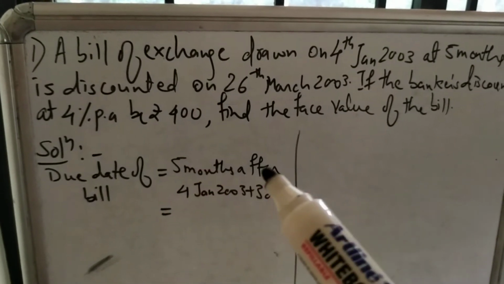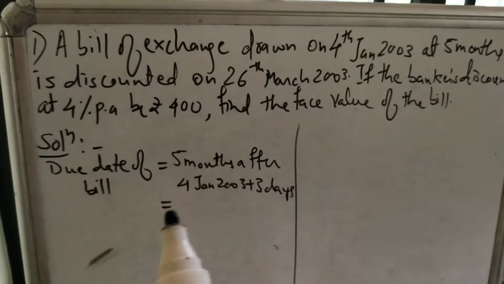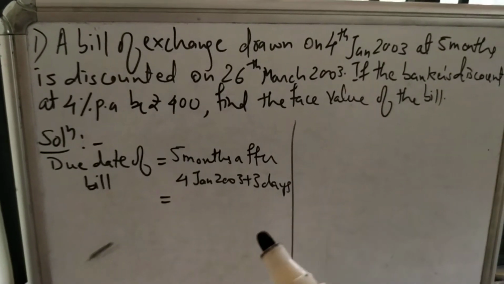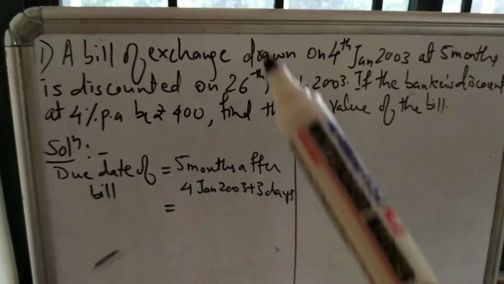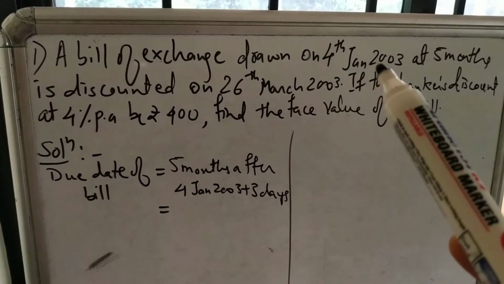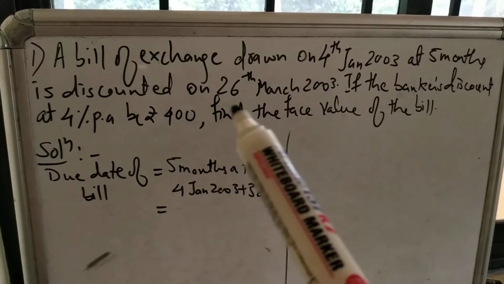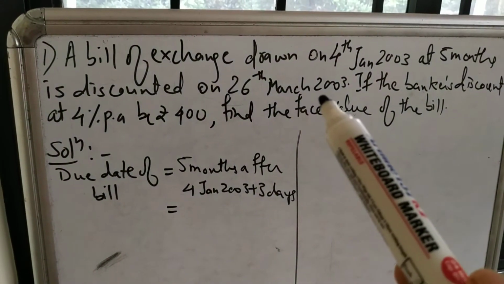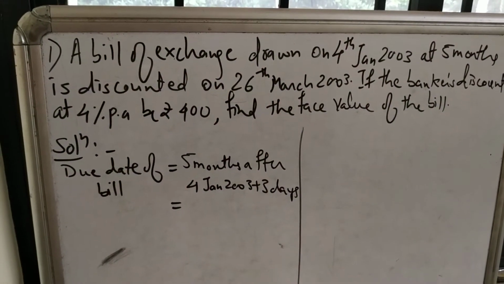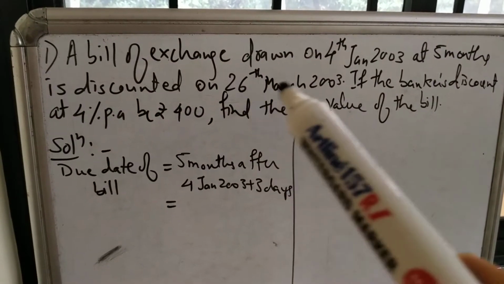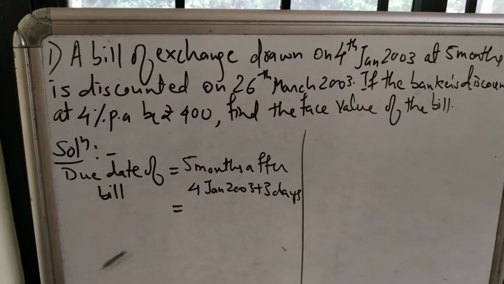The time period is not given, so we have to find the period of discount, that is the time period. The bill is drawn on 4th January at 5 months and is discounted on 26th March 2003. So we need to calculate the number of days from 26 March to the due date of the bill.